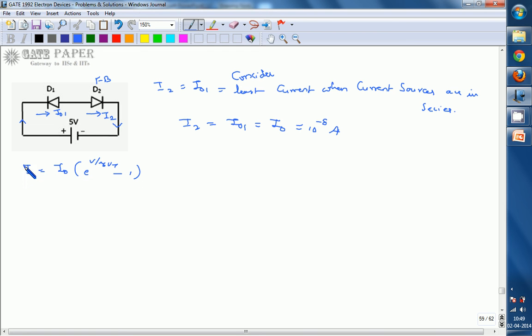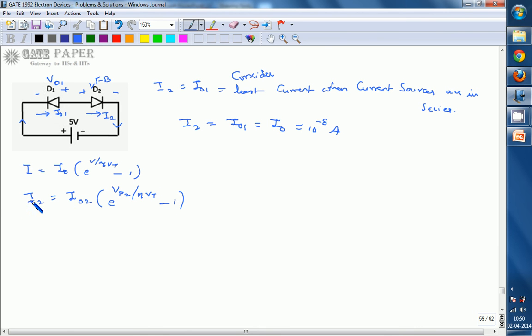I is the current flowing through the forward biased diode, that is I2, and I naught is the reverse saturation current, which is I naught 2, into e power V2, assume this one plus minus, and this is also Vd1 plus minus, this is Vd2, divided by eta Vt, minus 1.